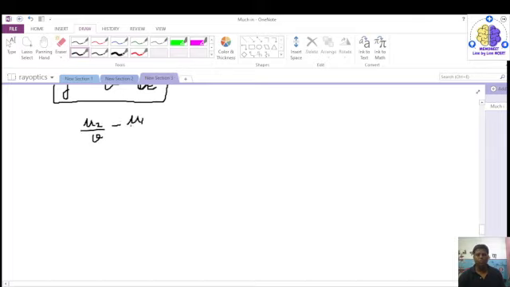Using this for two different surfaces, first for the first surface and then for the second surface.